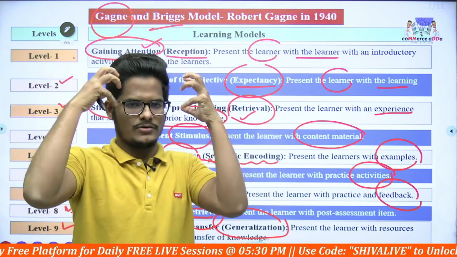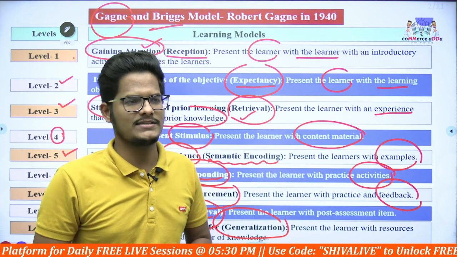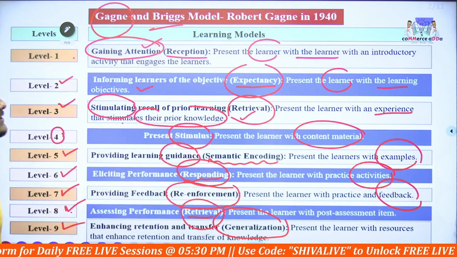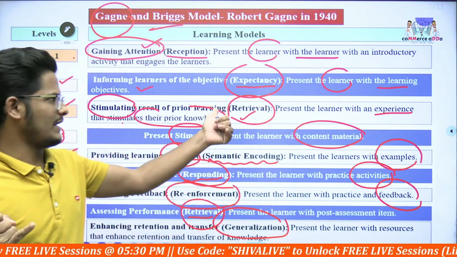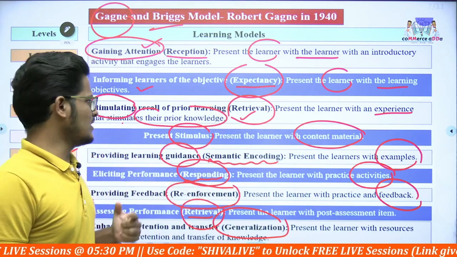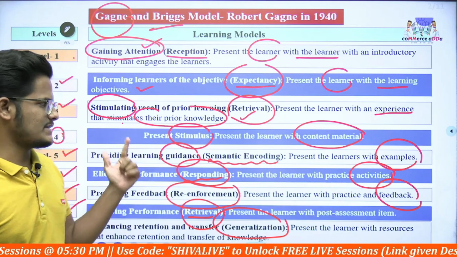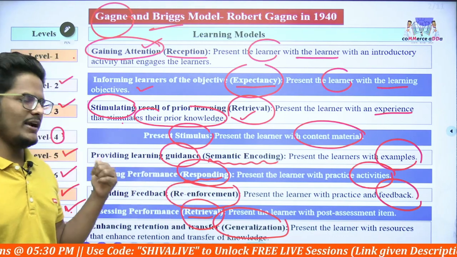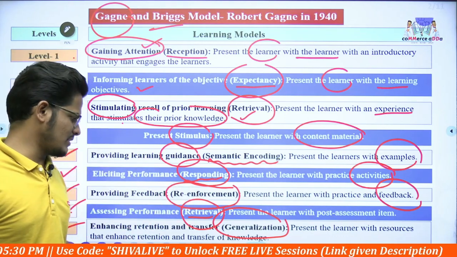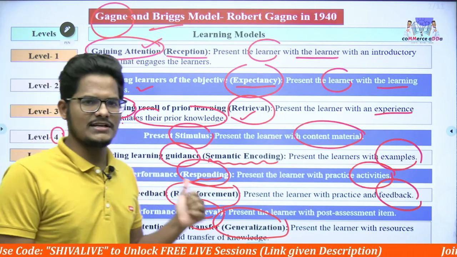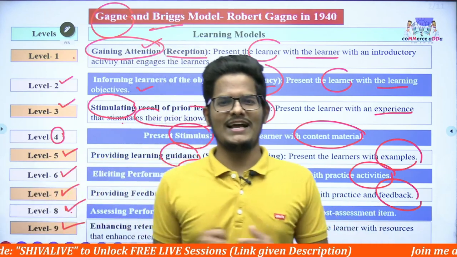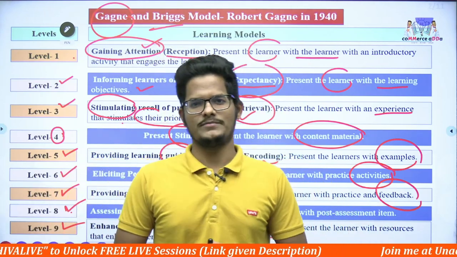It is going to fit in the mind because he understood well after these 9 steps. So what are the 9 steps? Reception and expectancy, retrieval, presenting the stimulus, semantic encoding, responding, reinforcement, post retrieval, and enhancing retention and transfer, which is generalization. That's all about the 9 levels of the Gagne and Briggs model.